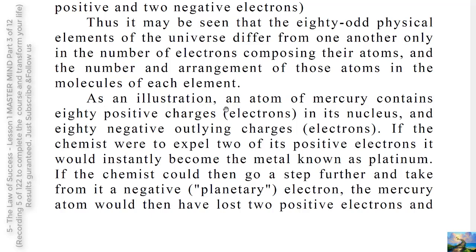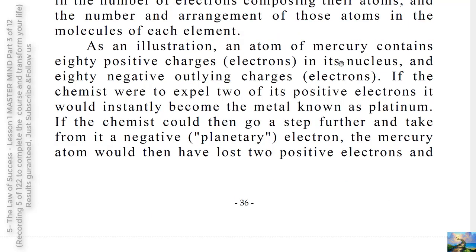As an illustration, an atom of mercury contains 80 positive charges, electrons, in its nucleus, and 80 negative outlying charges, electrons. If the chemist were to expel 2 of its positive electrons, it would instantly become the metal known as platinum.